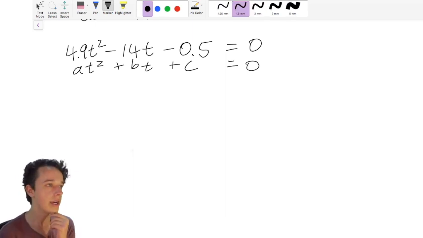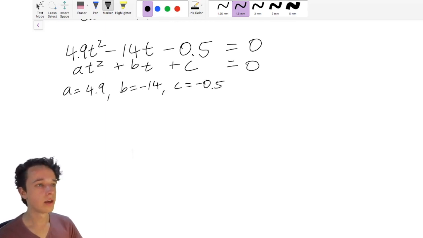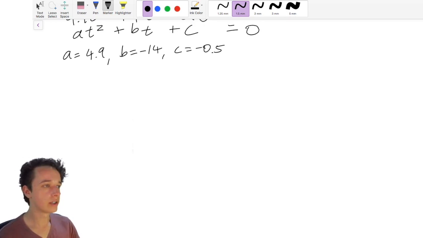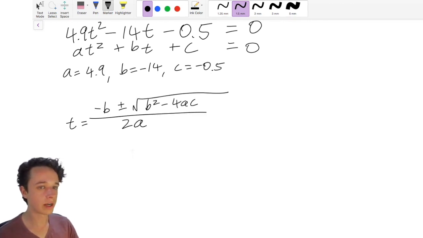So in this case, our a is 4.9, our b is negative 14, and our c is negative 0.5. And the quadratic equation is t, because that's our variable. Usually you'd write x, but because we're using t, we write t. T equals minus b plus or minus the square root of b squared minus 4ac, divided by 2 times a.